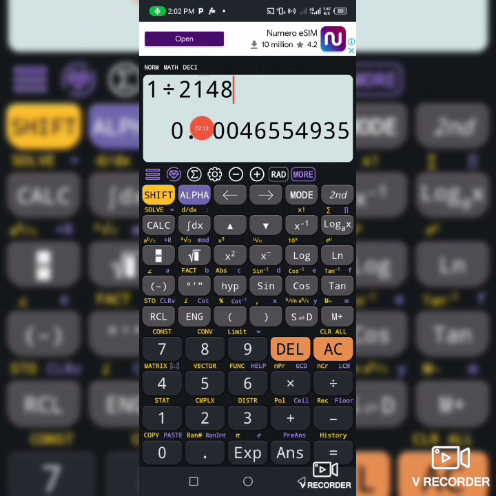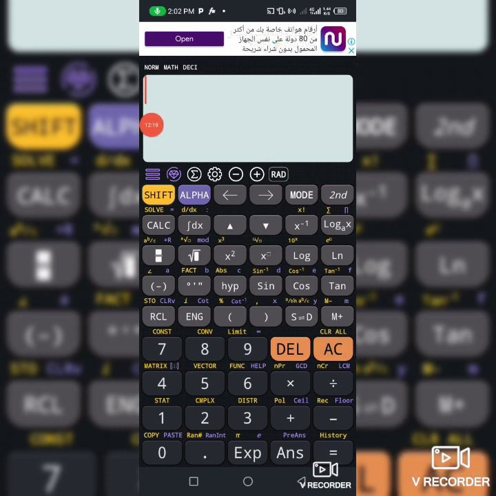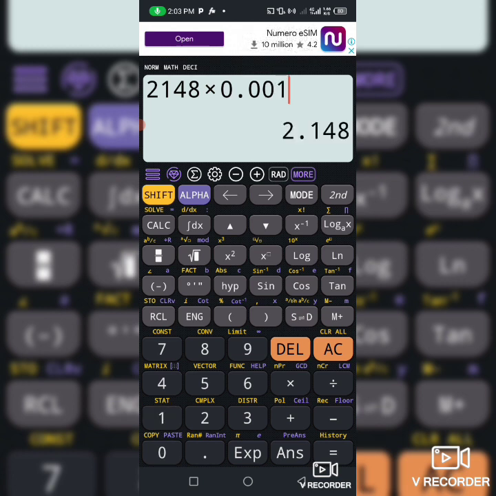So what I will do is use the minimum limit of the broker. If I use the minimum limit of the broker, I will just lose 2148 times 0.001, which is $2.14, approximately $2.15. Okay, that's what I'm going to lose.